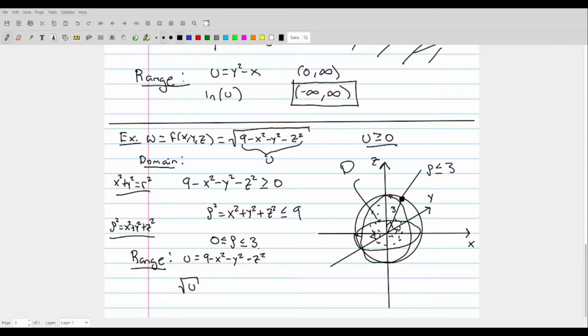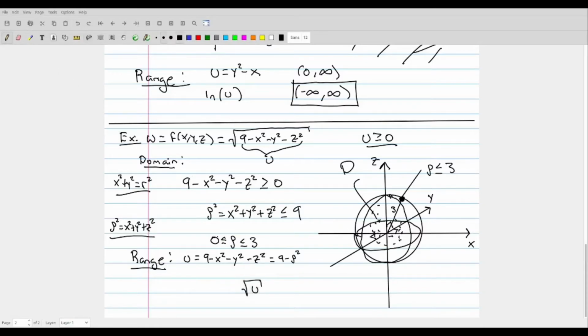So because rho is between 0 and 3, and x squared plus y squared plus z squared is rho squared, u is just 9 minus rho squared. Which means that u is between a low value of 0 and a high value of 9.